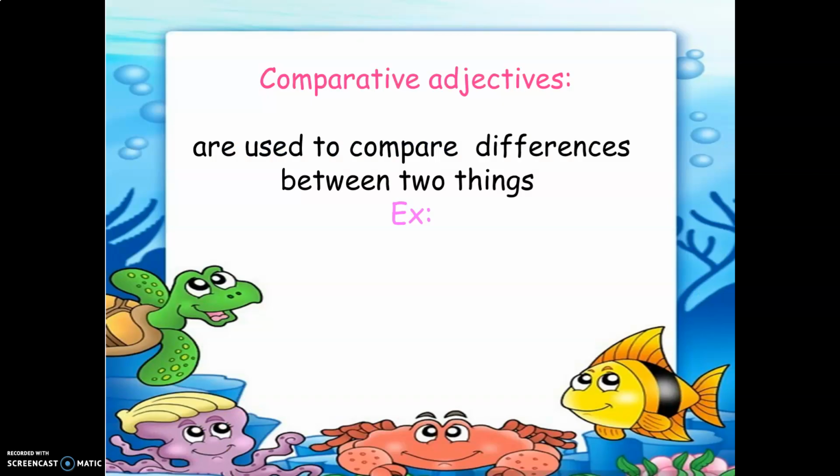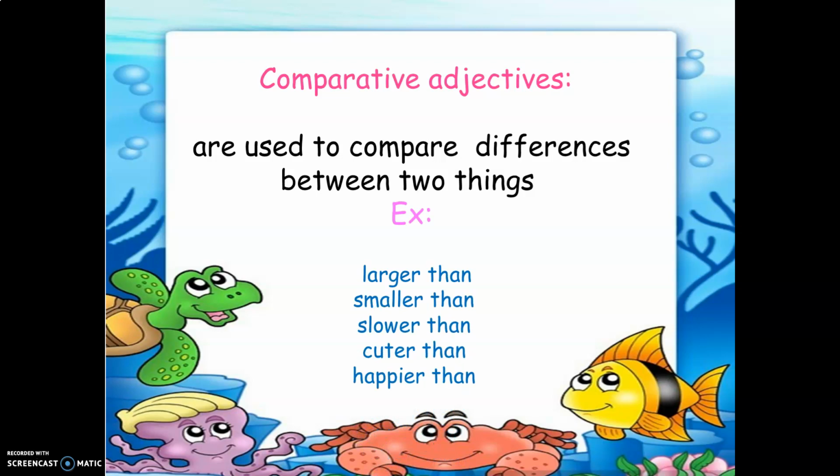Now, let's see the comparative adjectives. We took this definition before, girls. They are used to compare differences between two things, two persons, or two animals. For example: larger than, smaller than, slower than, cuter than, happier than.